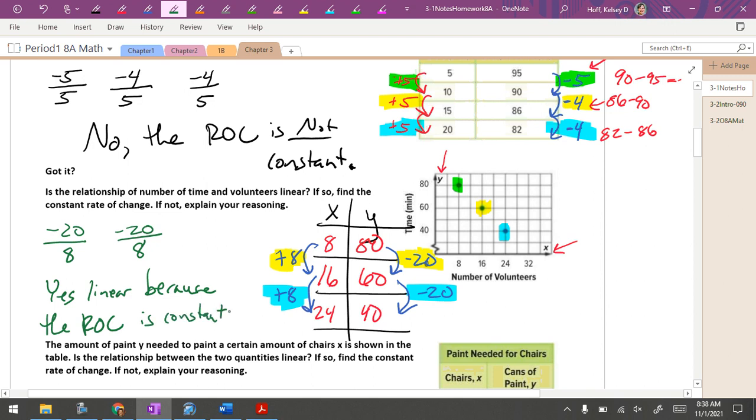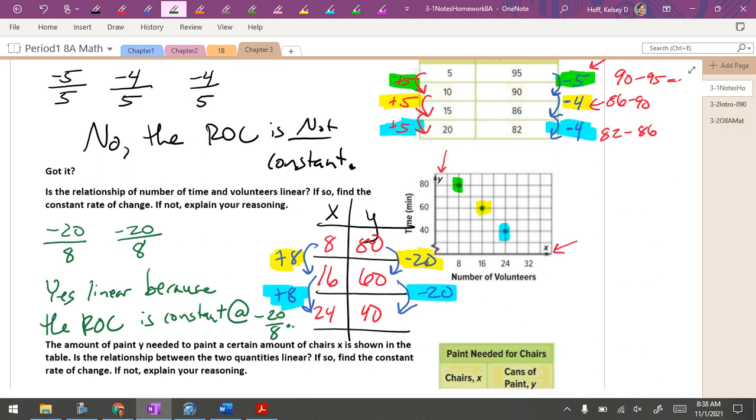You should be writing this down. Ms. Hoff will even let you use the at symbol, negative 20/8. You're telling me, yes, this forms a line because I have a constant rate of change, or in other words, the same rate of change, and then you're telling me it's negative 20/8.